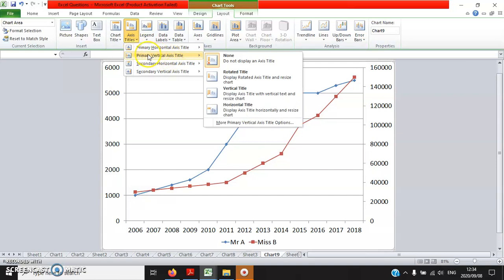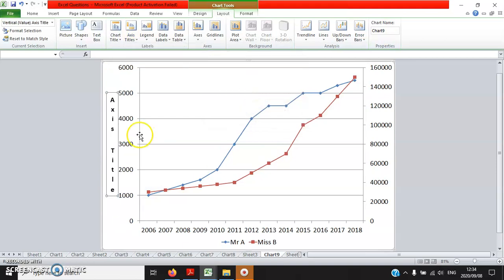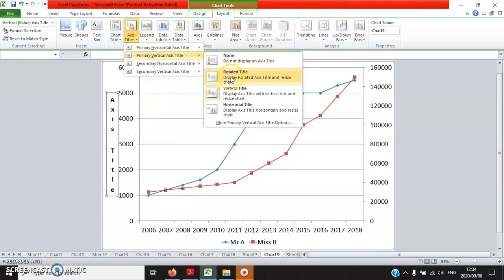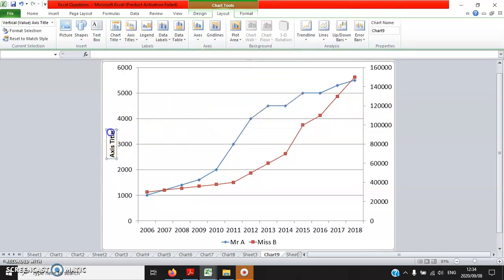The first y-axis, meaning primary vertical axis title, it will be, is it vertical? I think this is the wrong option. Let's go back to the, it rotated, sorry, rotated. Yes, then you can type Mr. A's earnings.